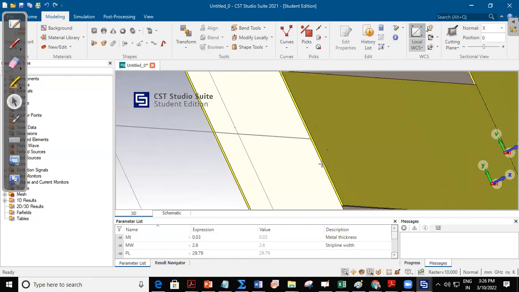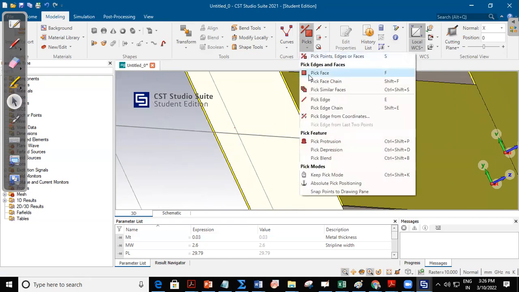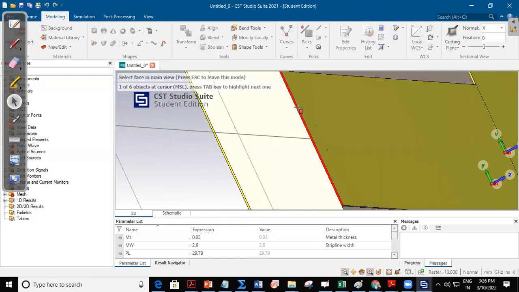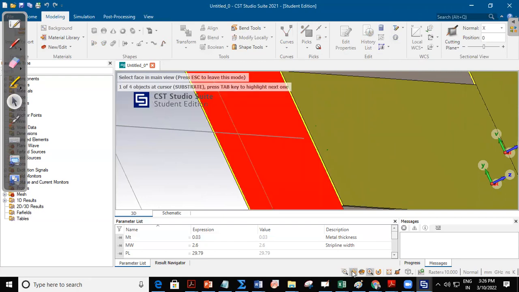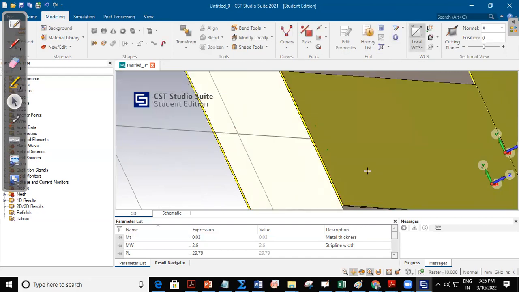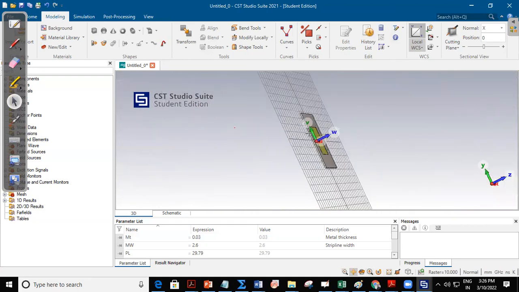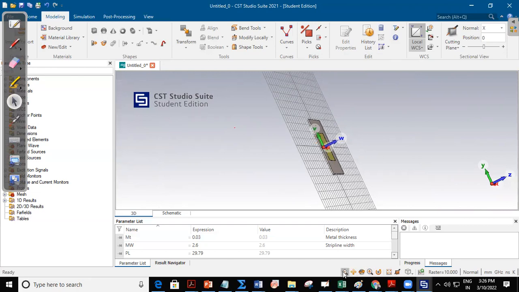With this strip thickness here, you go to pick face and select only this thickness of the strip. You can see in this structure, I am just zooming this strip portion towards us.